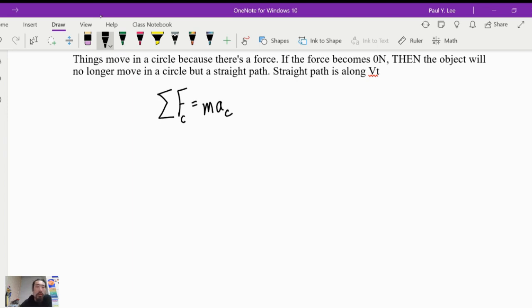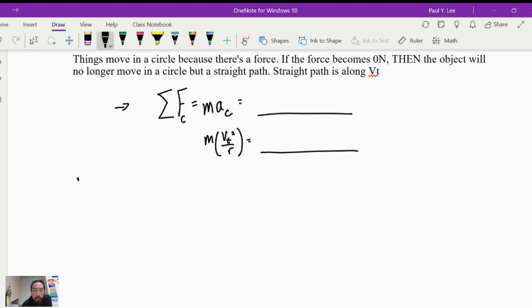If you remember for the FRQs, you always want to start off with this line, and you're going to list off all the forces. In class, we'll get a lot of practice identifying what the forces are, but just so you know, this should always be your first line. In the next line, you're going to substitute in to show the graders that you understand that centripetal acceleration is Vt squared over r, with the rest of the forces there.